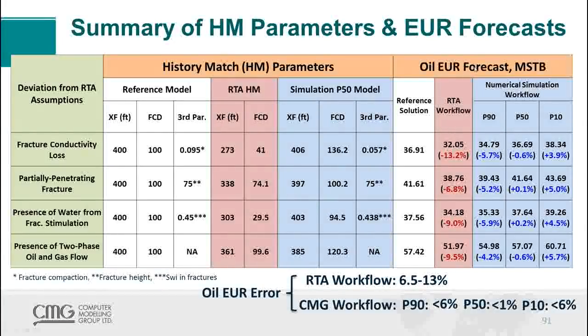Okay. Also on the EUR forecasts, the reference EURs are shown here in this white column. So for the fracture conductivity loss, the correct value is about 37,000 barrels. RTA gives a value of about 13% lower than that, whereas the P50 simulation value is basically right on, and that's pretty consistent throughout this whole process.